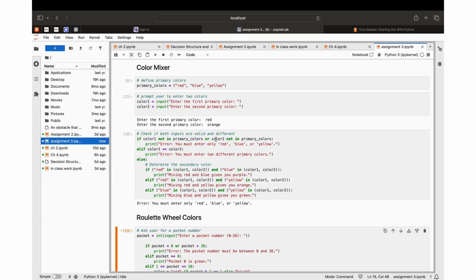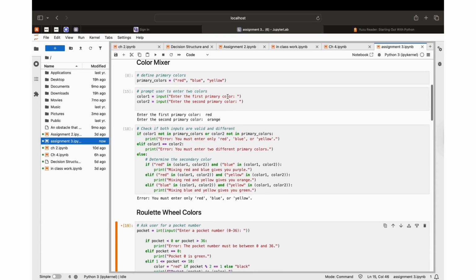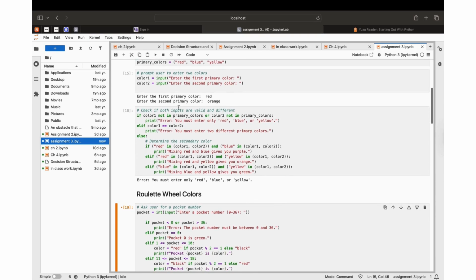And then for the color mixer, I defined the primary colors, which are red, blue, and yellow, and then I prompted the user to enter two colors. I decided to put one that was wrong, just to go with the problem. And then you check if both inputs are valid and different.